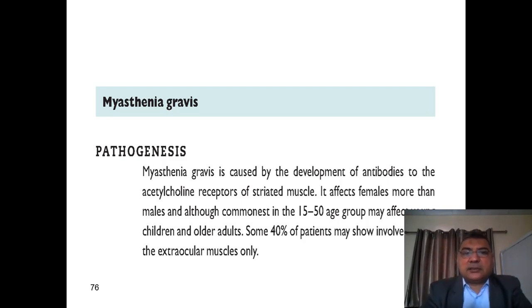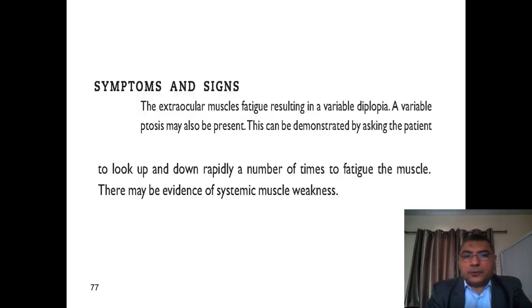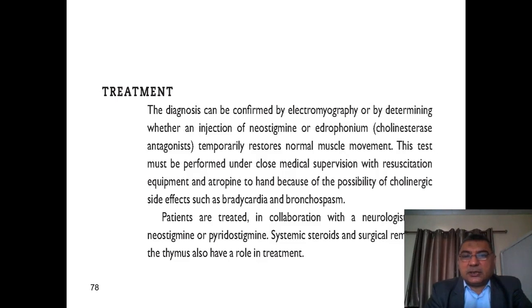Also other extraocular muscles, or the lid muscle, may be affected, and the patient will come with ptosis and strabismus. In these patients, we have to do a test, which is the Tensilon test.